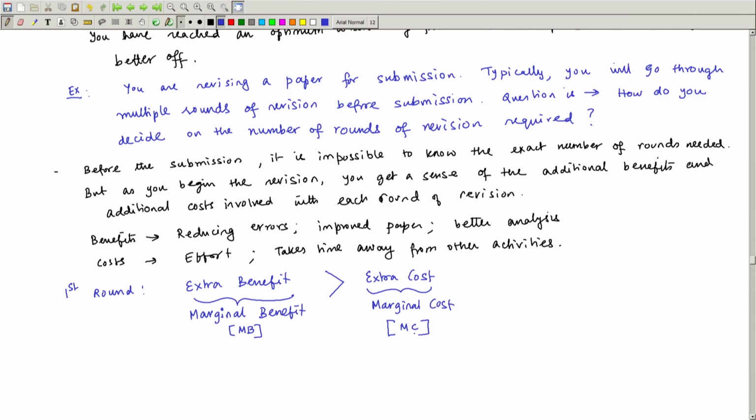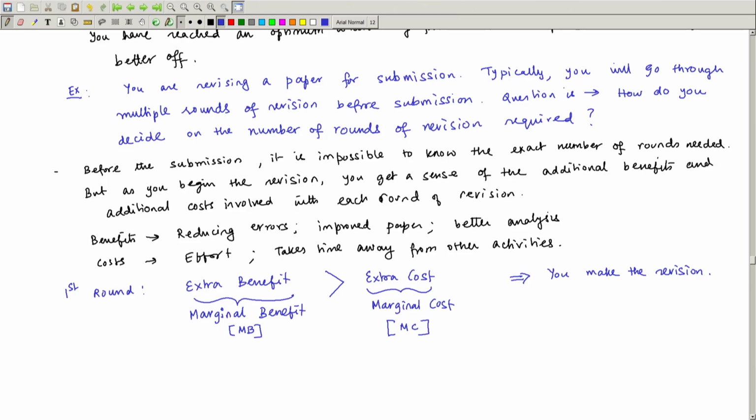So, in the first round, the extra benefit is greater than the extra cost. So, it is rational for you to make the revision. So, from round 0 to round 1, you have got a document which has no spelling mistakes. It is a much improved version of the paper.